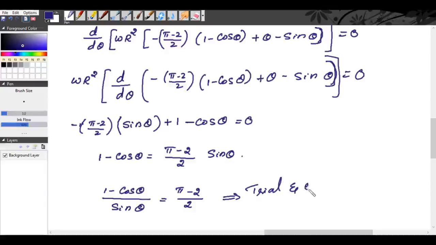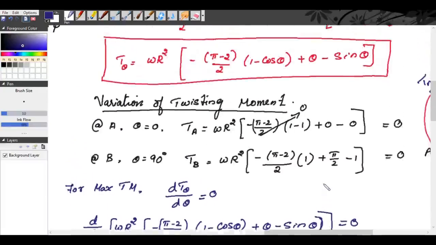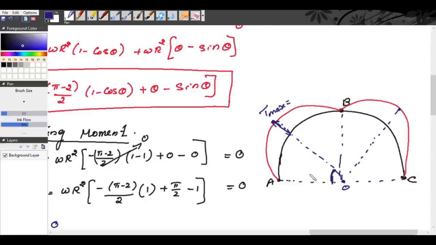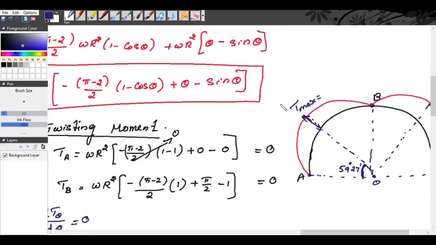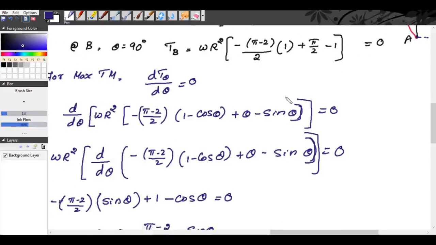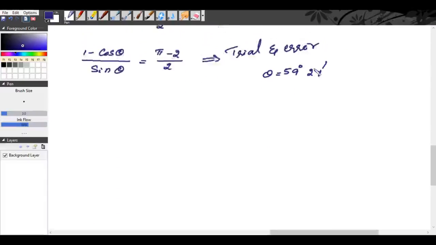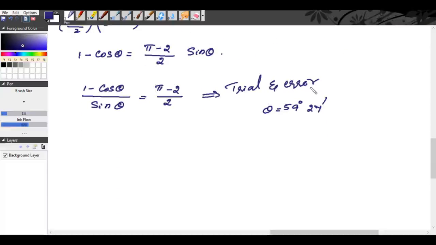Using trial and error method, we get theta is equal to 59 degree 27 minutes. Same as that for bending moment. So at theta equal to 59 degree 27 minutes we have the maximum twisting moment. Now we need to find the maximum value, so we will put theta equal to 59.27 degree in our twisting moment equation.